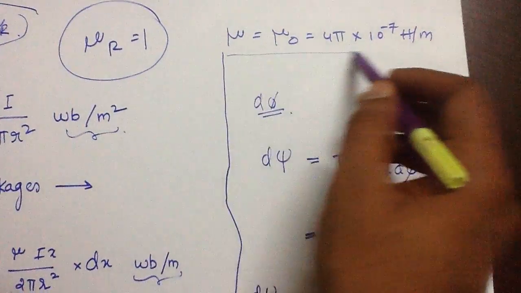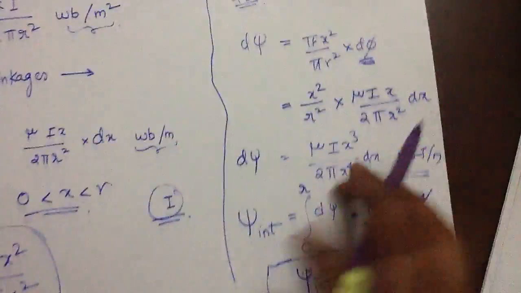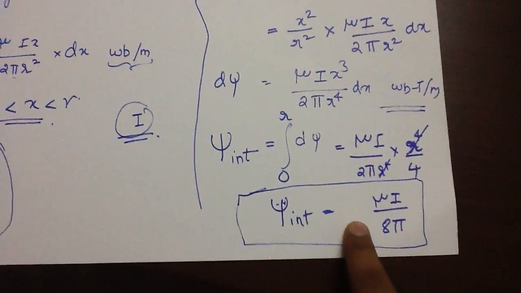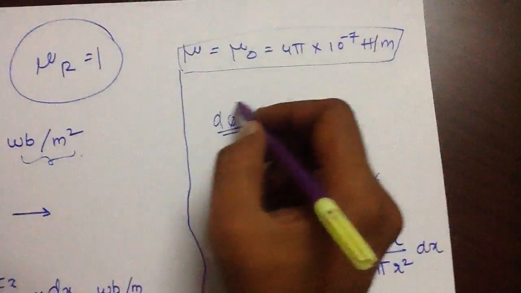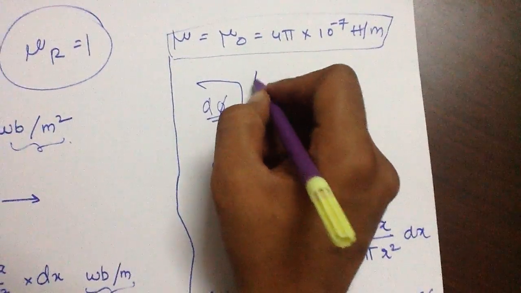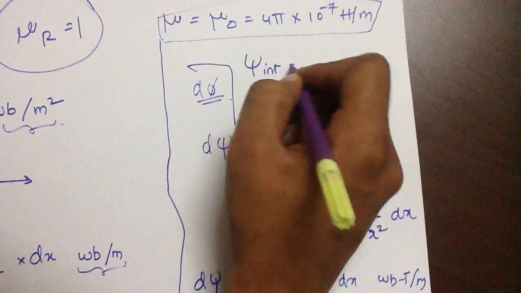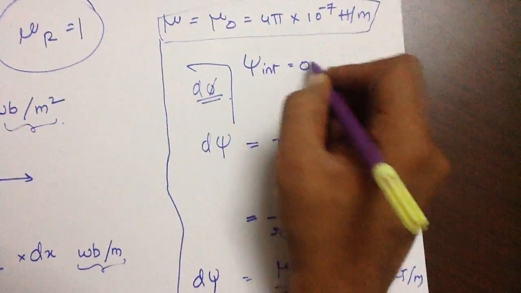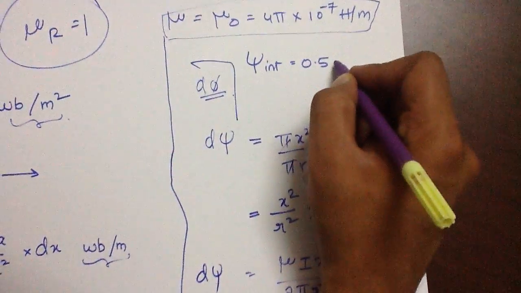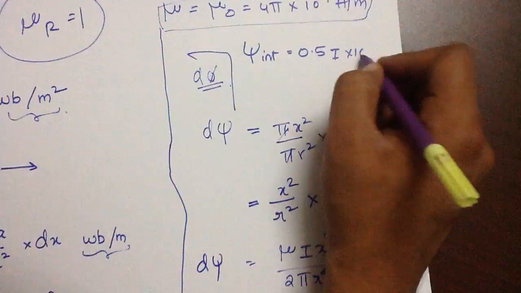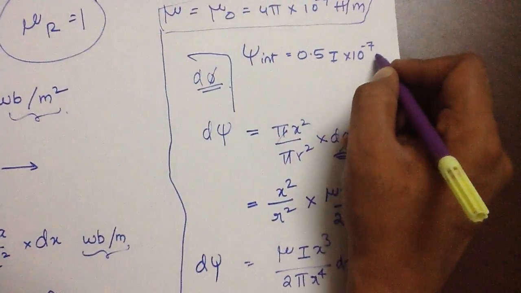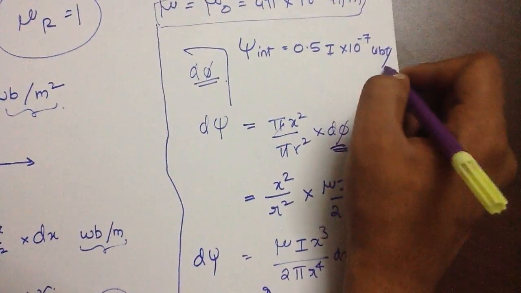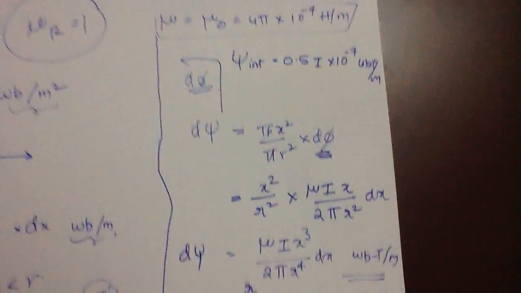So by substituting this value in this, we can get psi internal is equal to 0.5 I into 10 power minus 7 Weber turn per meter.